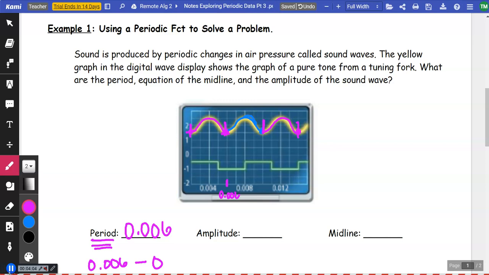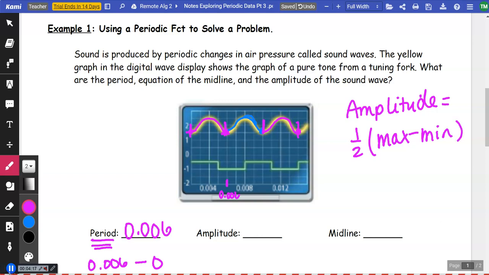Then if you recall, to calculate the amplitude, the amplitude is equal to 1/2 times your maximum value minus your minimum value. I'm going to erase these markings so they're not in my way. It looks like our maximum is here and our minimum is here.